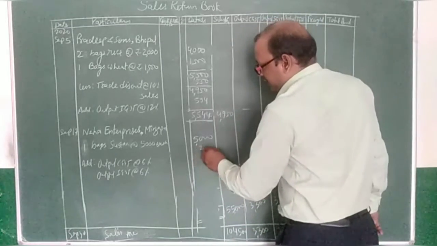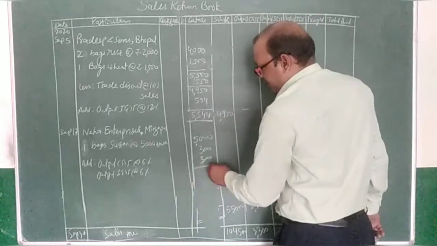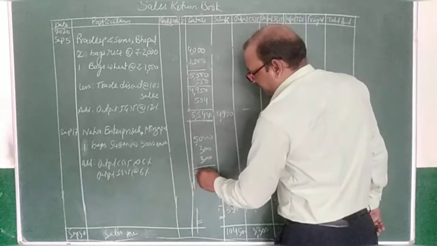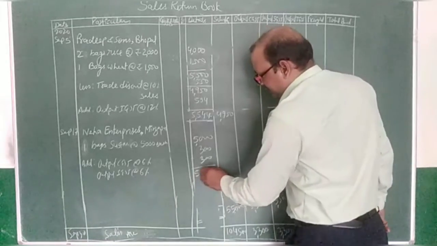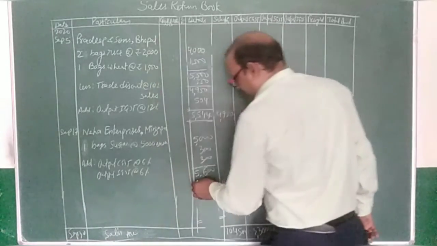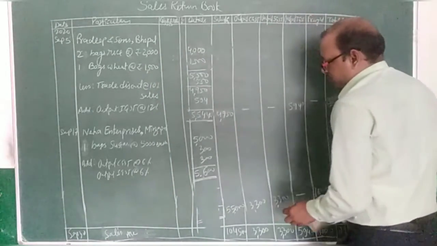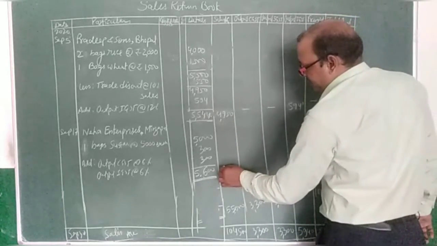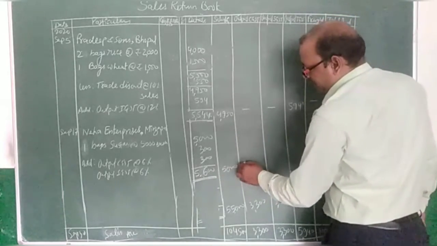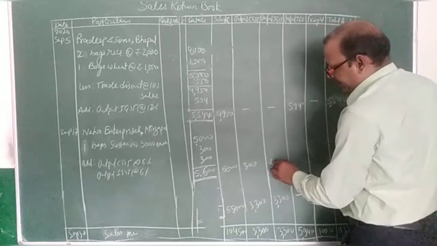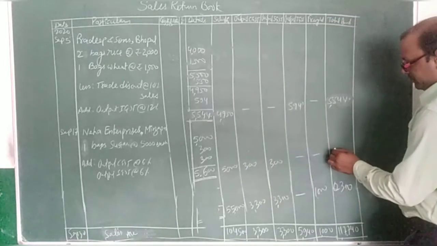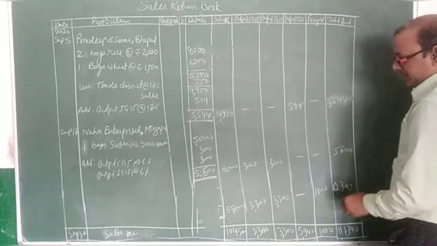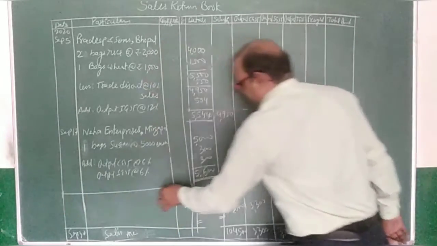So it is 300, total is 5,600, this much only. So the amount of sale is 5,000, CGST 300, SGST 300, total 5,600, and after that close it.